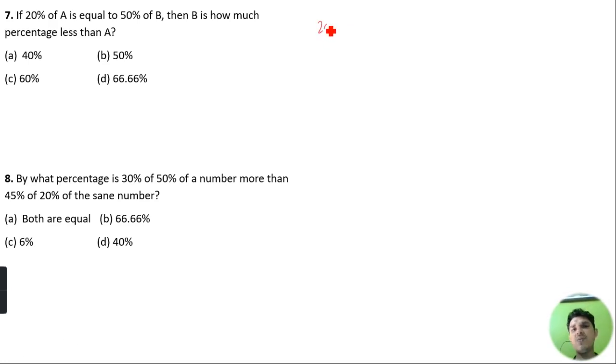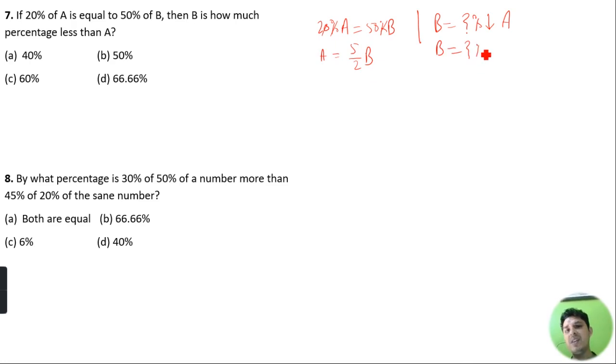So students, for solving this question, just convert the value of A in terms of B. First of all, cancel out percent to percent, 0 to 0, and the value of A will be 5 by 2 multiplied by B. Now my question has become: B is how much percent less than 5 by 2 multiplied by B?